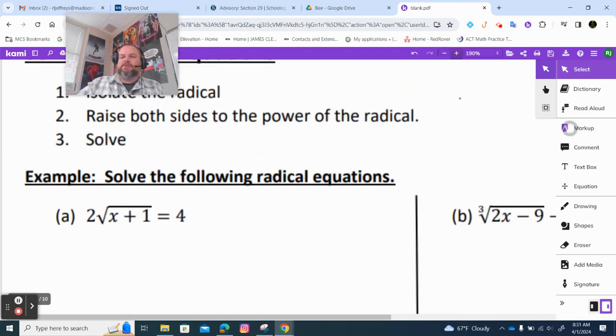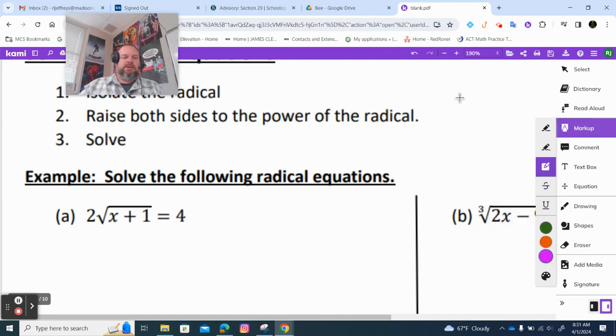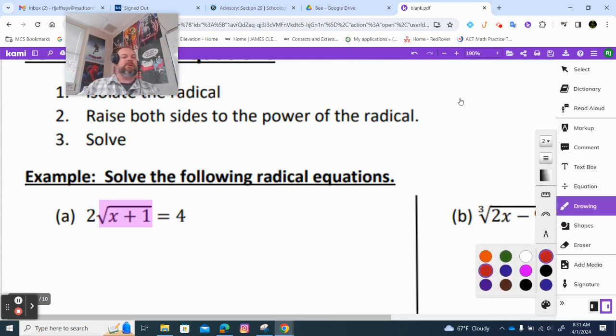So this is the radical. Is it by itself on one side? No, it's actually being multiplied by 2. So how will we get rid of that 2?